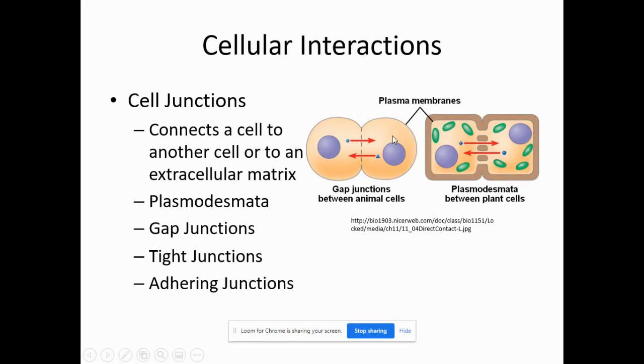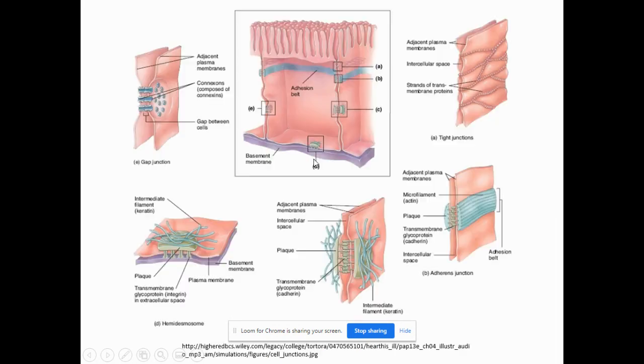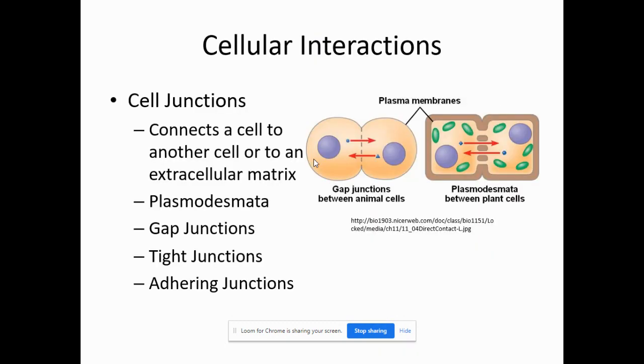In animal cells, you have other types of cellular interactions. You have gap junctions, which can allow movement of things from cell to cell. You have tight junctions, which prevent fluids from flowing between cells.